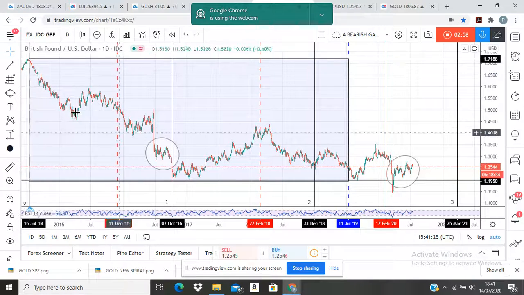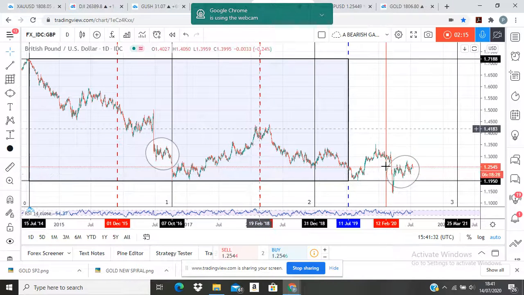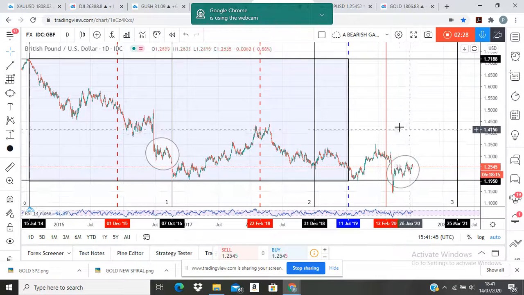These two waves have repeated, this side and this side, and the connection between the two repetitions is this swing here. This is the link between these two repetitions, and that is the only side which has not repeated yet.